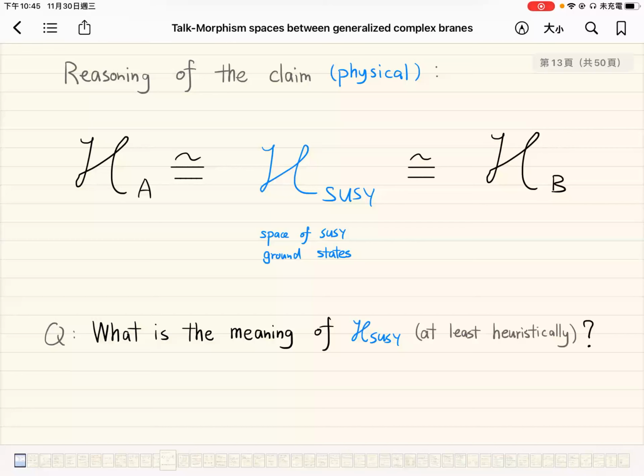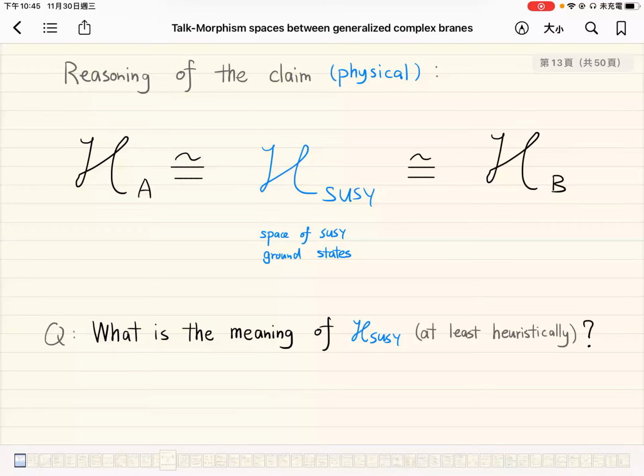And in the paper, it is said that indeed we have another space called the space of supersymmetric ground states, that depends on the metric. And by compactness, we can describe the A model morphism space and B model morphism space both by this single space, the space of supersymmetric ground states. So what is the meaning of this, at least heuristically?